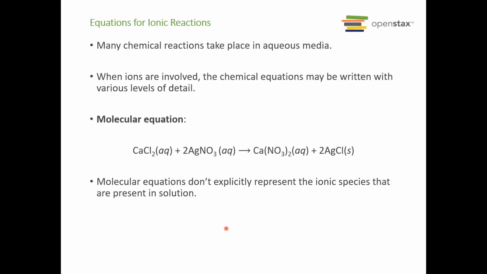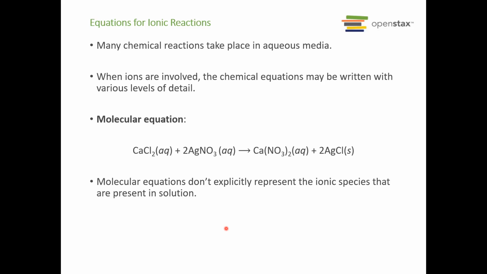But as I mentioned, we've got a couple of different ways we can write these chemical formulas, particularly when we're looking at reactions in solution. We've got the molecular equation, which is the most common, and just shows exactly what all of those chemical formulas are going to be.